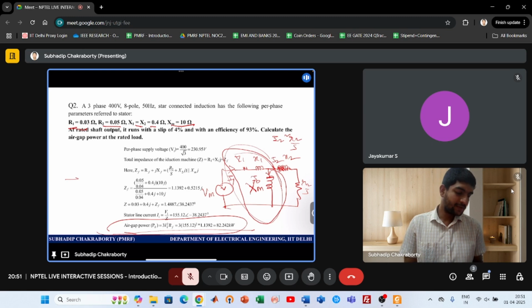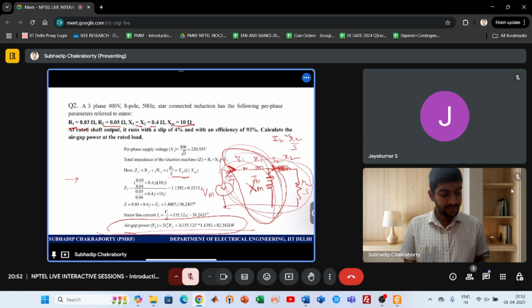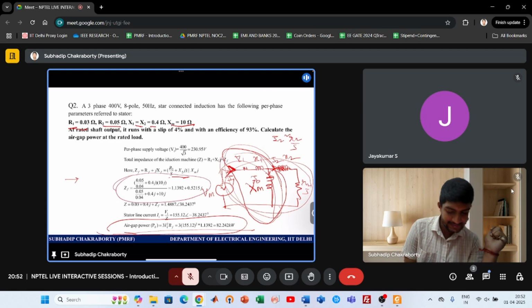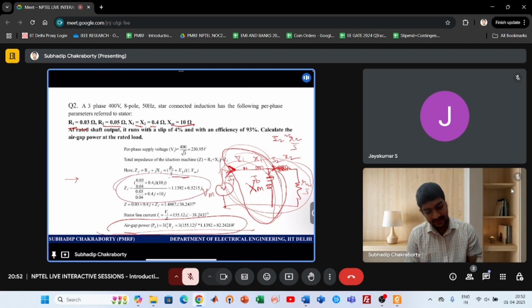You can calculate it separately, or you can calculate as a lumped parameter. So what have I done? R2 by S plus JX2. I am taking this in parallel and trying to calculate the current, right? I need to take the complete total magnitude of current, and for that I take the equivalent impedance, and then I can calculate the current.